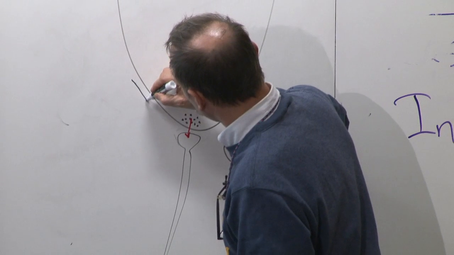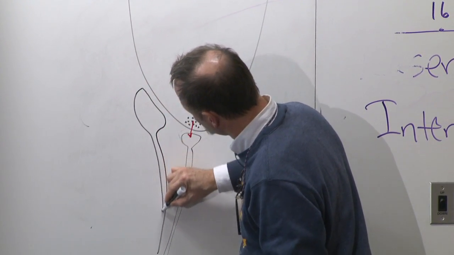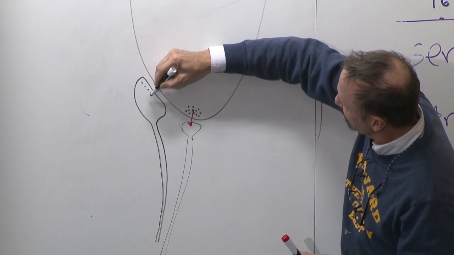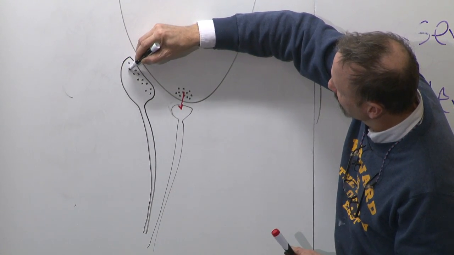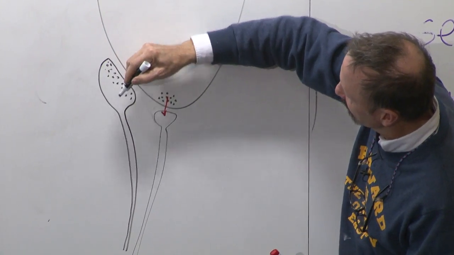Here's a nerve terminal. And here's a whole bunch of synaptic vesicles. None over here. They're all in the nerve terminal.